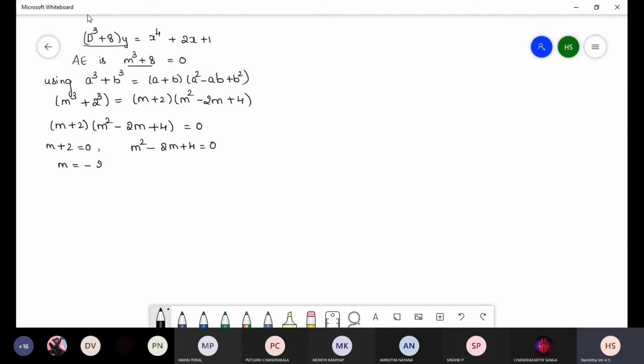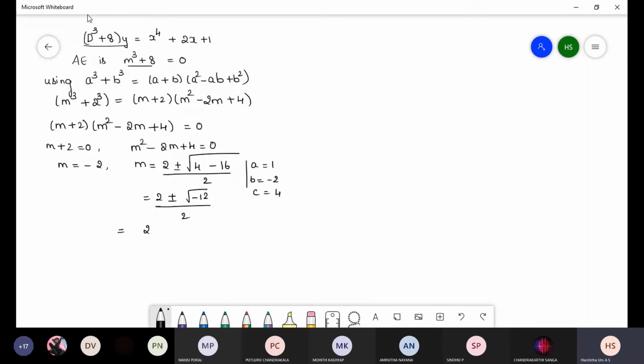Here m is equal to minus 2. For the second one we have to apply the quadratic equation formula, that is minus b plus or minus root of b square minus 4ac, divided by 2a. Here a is equal to 1, b is equal to minus 2, c is equal to 4. So 4ac means 16, and we get 2 plus or minus root of minus 12 divided by 2.